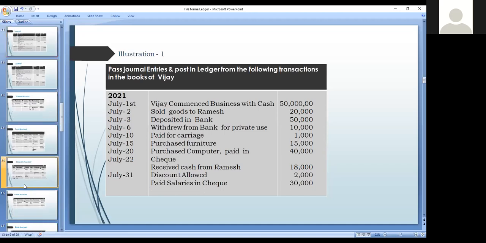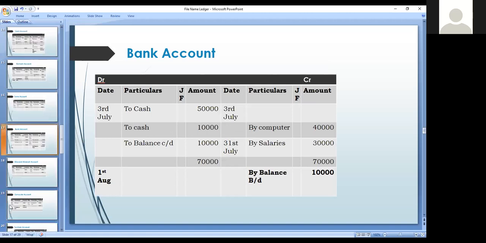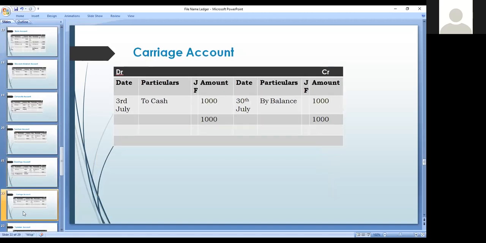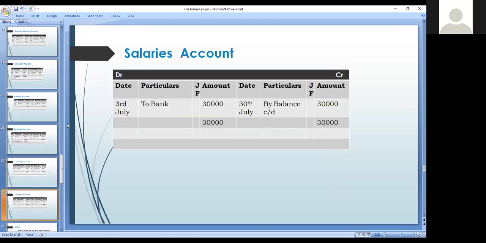So we have to open the salary account also here. Salary account is a debit item. We put the amount on the debit side 30,000, because we paid by check, to bank 30,000, and then we balance the account.